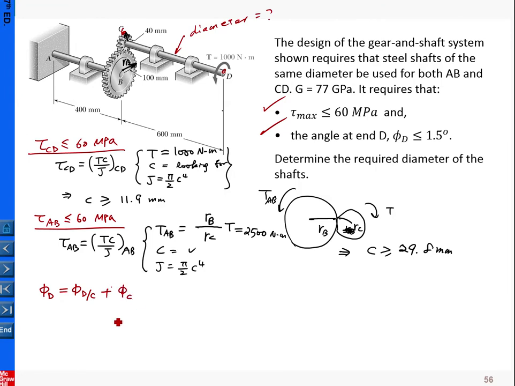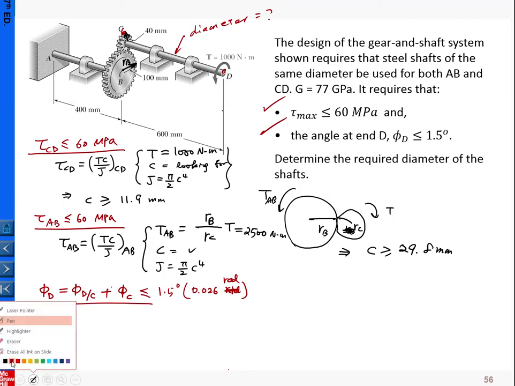This must be less than 1.5 degrees, and 1.5 degrees is 0.026 radian. Okay, so now we look into these calculations individually.